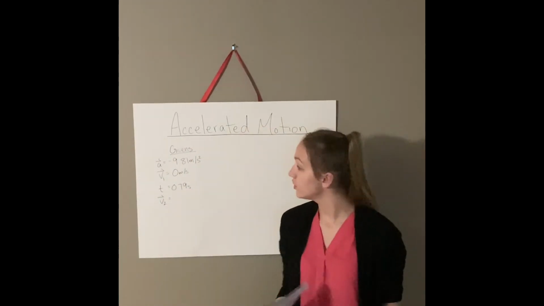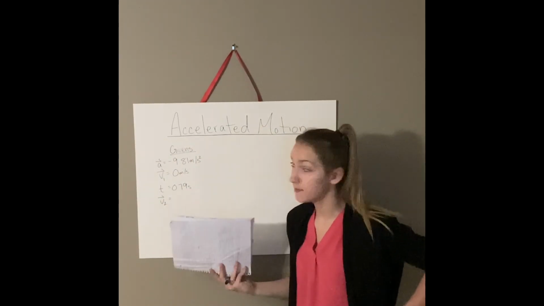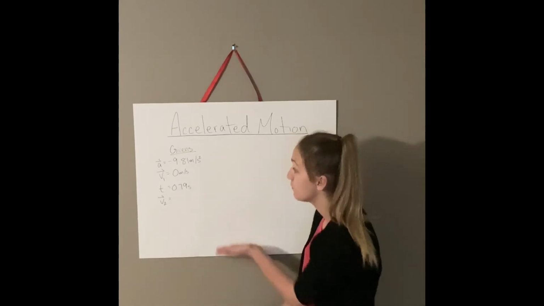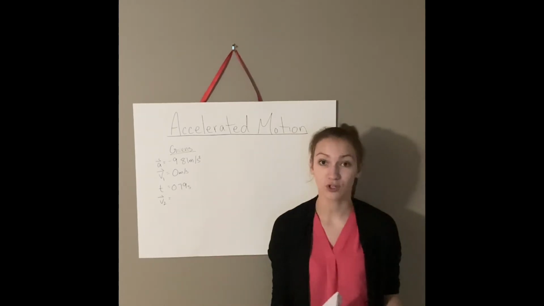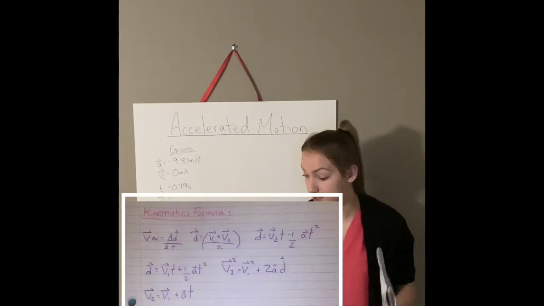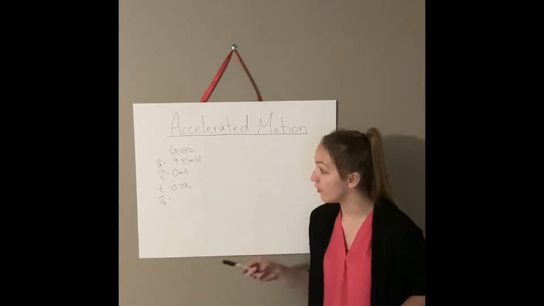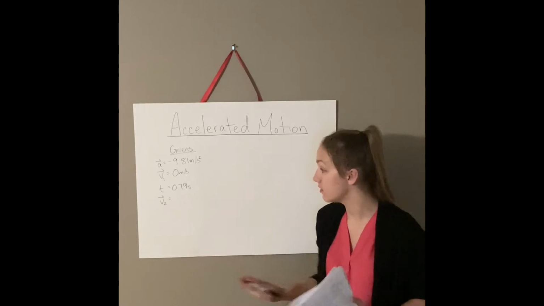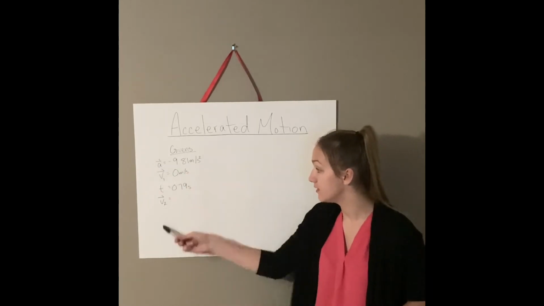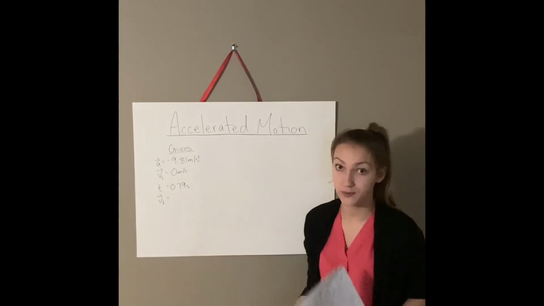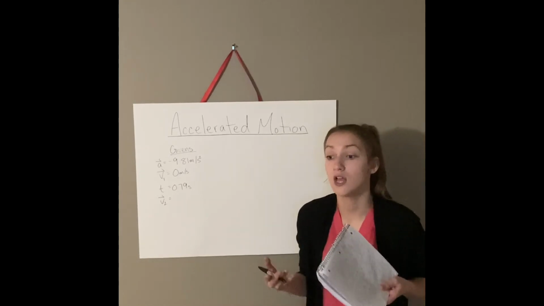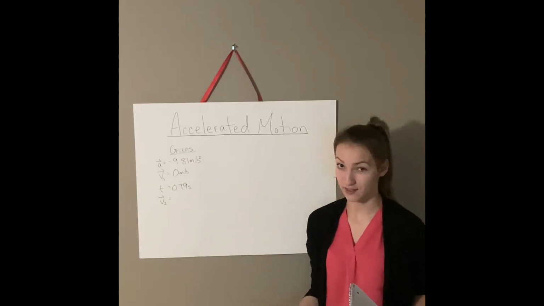Now, in order to figure out which kinematic formula we use for the information we provided, we have to look at our kinematic formulas, which you can see again here. So what we're going to do is figure out which formula does not have distance. We don't have distance here, so we don't need it. Therefore, we have to look for the equation that doesn't have it.